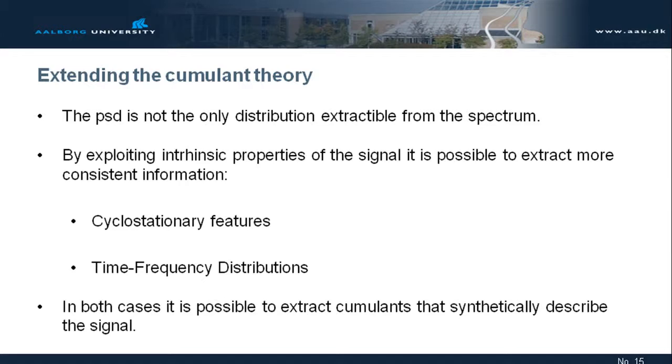It's possible to do it in two ways. In a more restricted way, which is the cyclostationary features, I will tell you what they are in a while, or the full time frequency distributions. You probably have seen time frequency distributions several times when looking at the music spectrum or something like that. And in both cases, you extract cumulants. You never use them as they are because they are functions, basically.